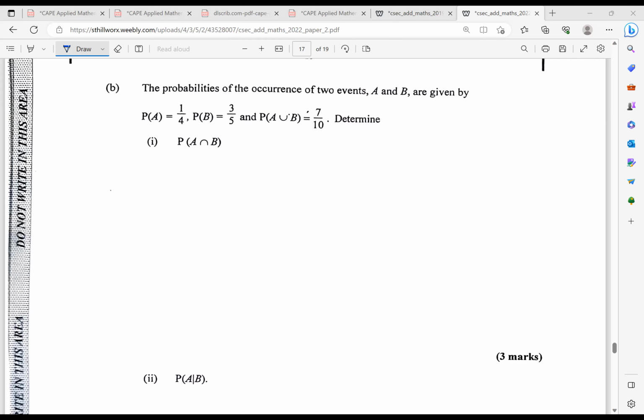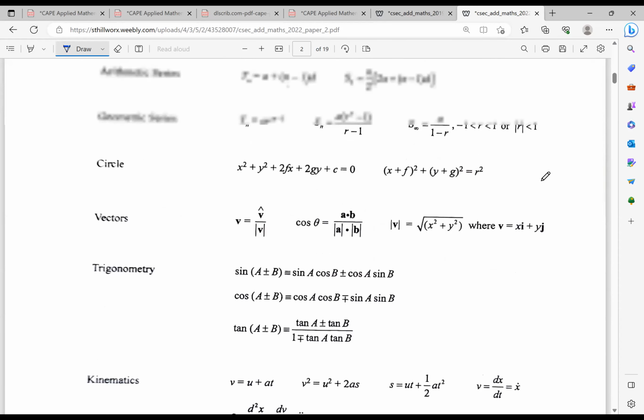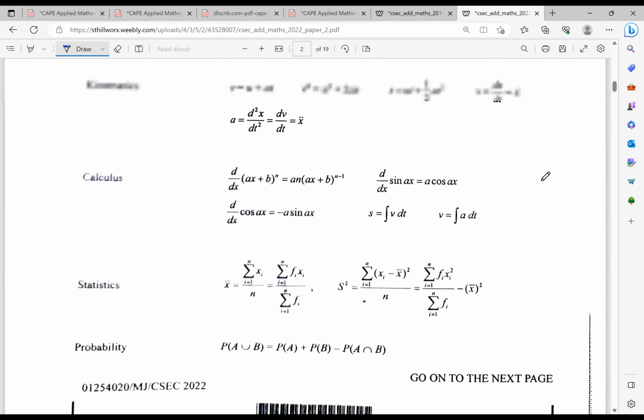Sir, isn't this in the formula sheet? Yeah. Right. So in the formula sheet, they give you this one.